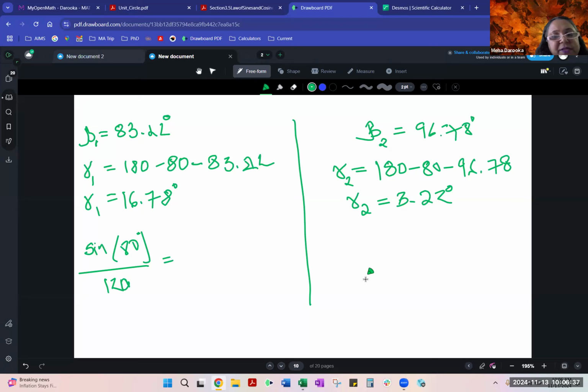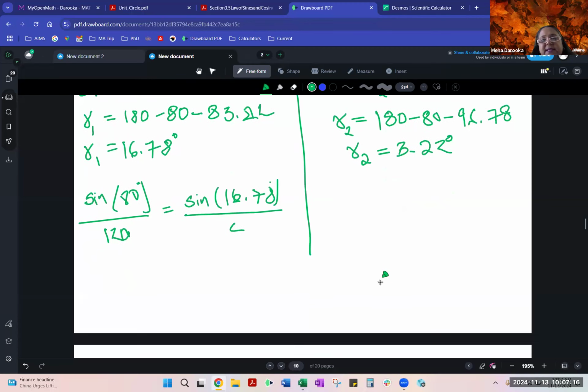And then, on the other side, we will use sine of gamma 1, since we're finding side C. So gamma 1 was 16.78 degrees, over side C. Same thing, I would say cross multiplication, because we do want to get C by itself.